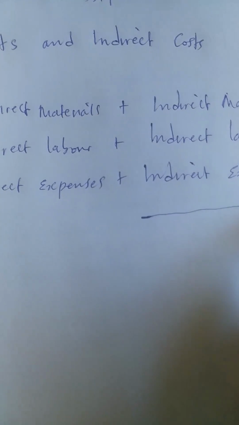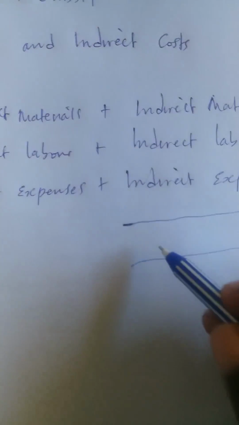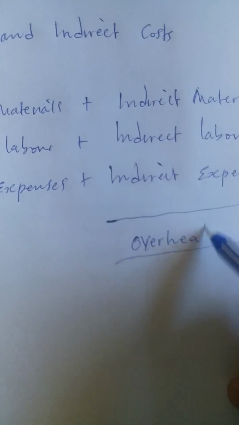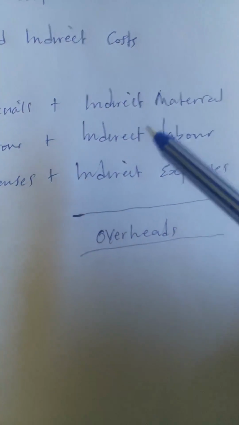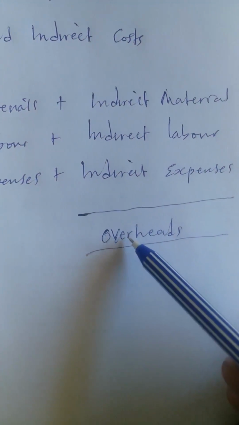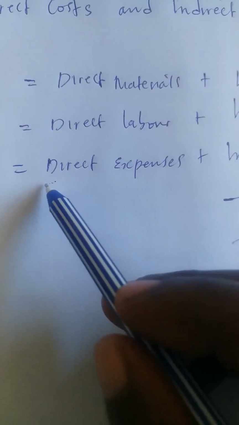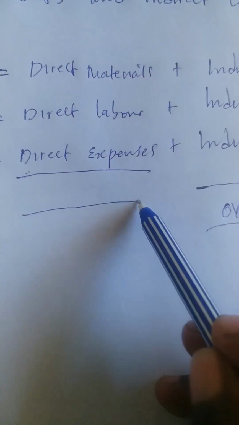You discover that they make up something that we call overheads. Indirect material, indirect labor, and indirect expenses make what we call overheads, and then the direct part here makes what we are calling direct costs.